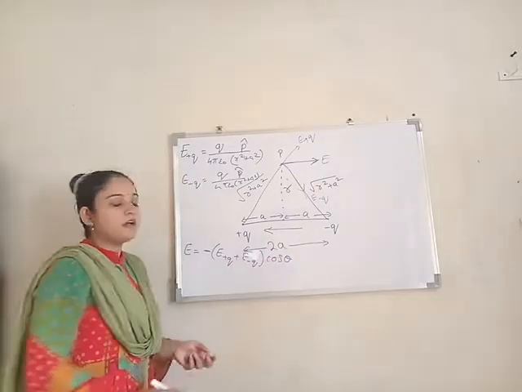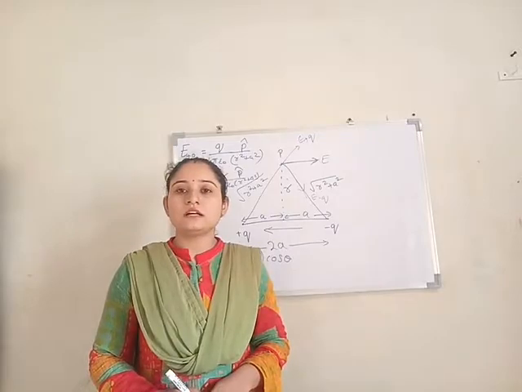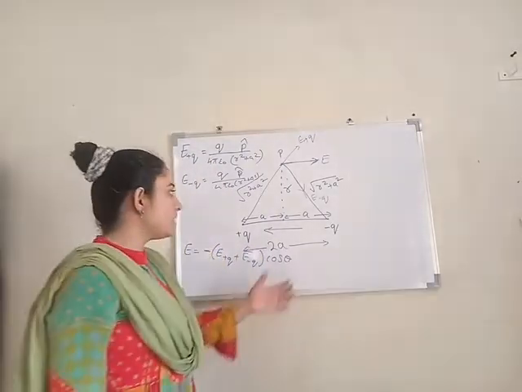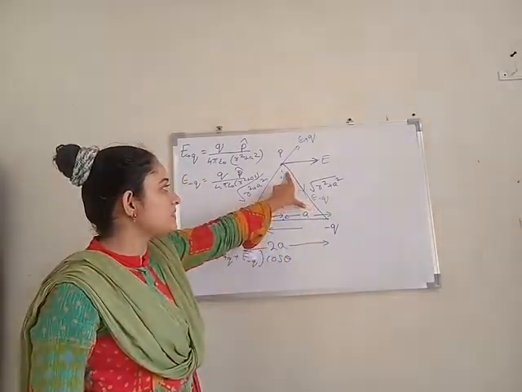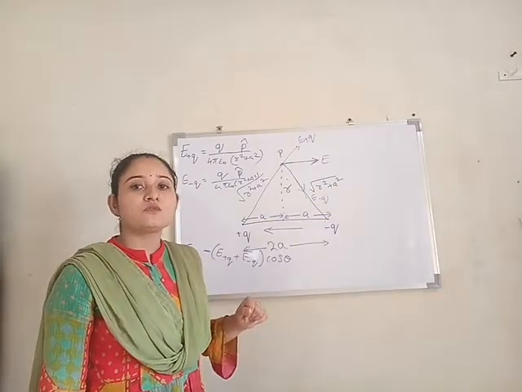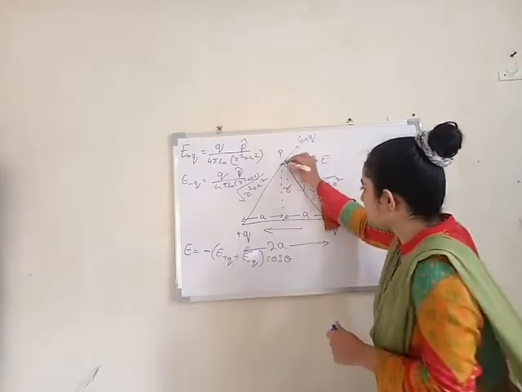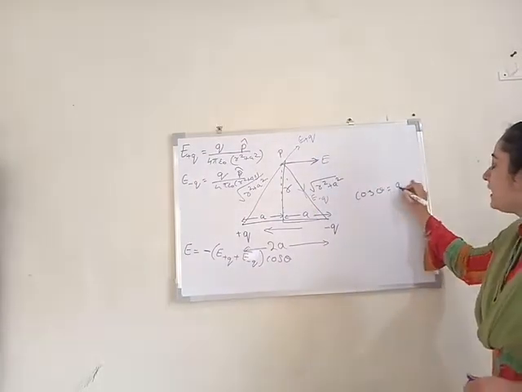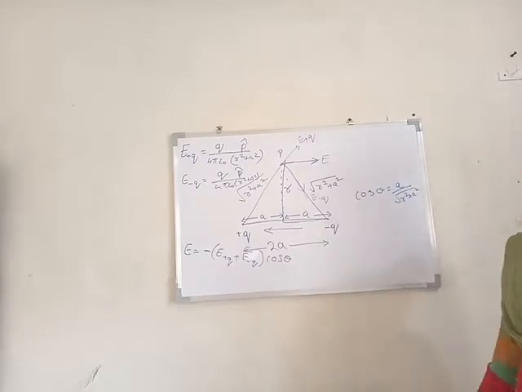Here, we know from trigonometry that cos theta is adjacent by hypotenuse. Here our adjacent is a, and our hypotenuse is root of r square plus a square. So the value of cos theta equals a upon root of r square plus a square.